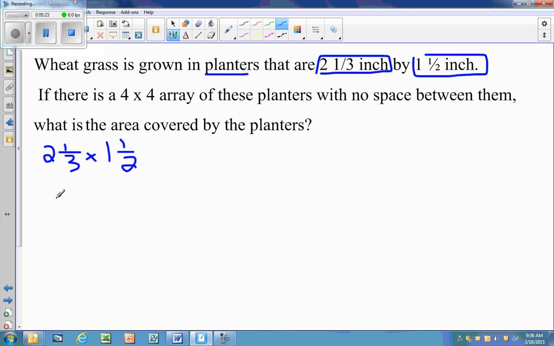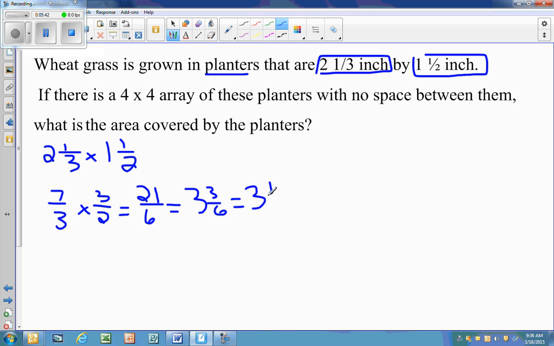I'm going to make them improper fractions. So we have 7/3 times 3/2, and we end up with 21/6. And 21/6 is the same as 3 3/6, which is the same as 3 1/2. So each planter is 3 1/2 square inches.